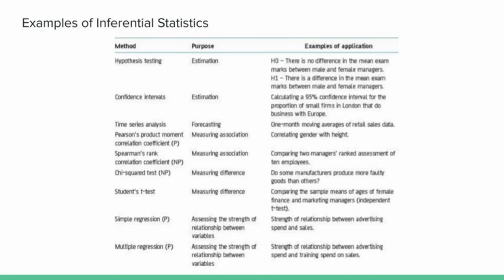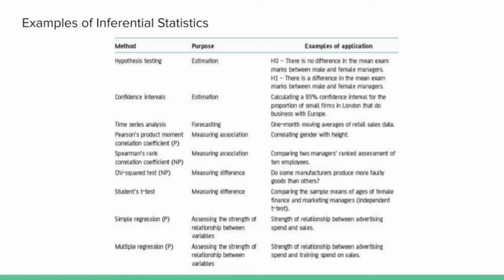When we estimate, we use hypothesis testing and confidence intervals. When we forecast, we use time series analysis. When measuring association, we can use Pearson's product moment correlation coefficient or Spearman's rank correlation coefficient.